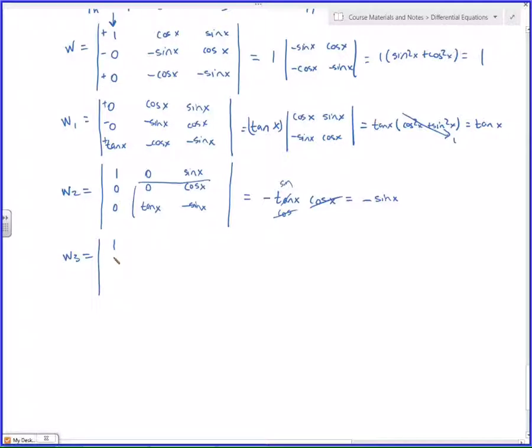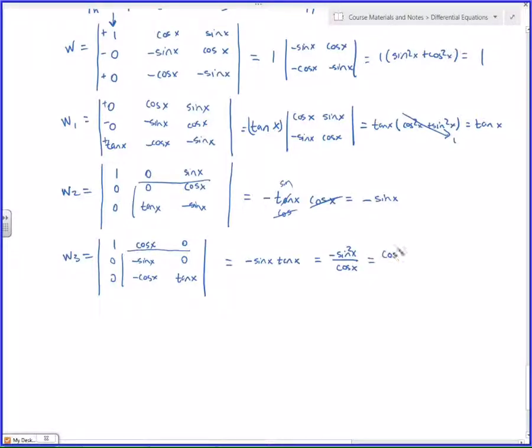W3: 1, 0, 0, cosine x, negative sine x, negative cosine x, and 0, 0, tangent. So 1 times its minor, which is negative sine times tangent, gives me negative sine x tangent x. We saw before, that's negative sine squared x over cosine x.